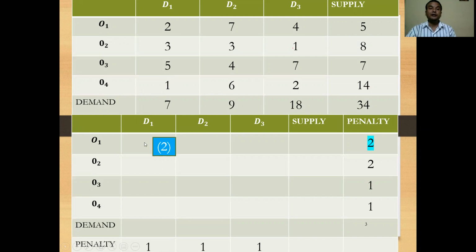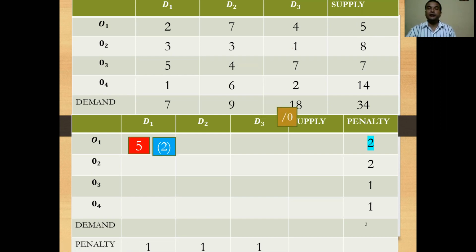Therefore, we distribute here 5 items. Once we distribute all 5 items, this unit becomes empty, meaning it cannot supply any item further.